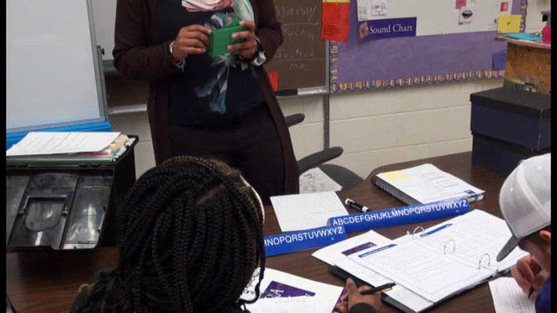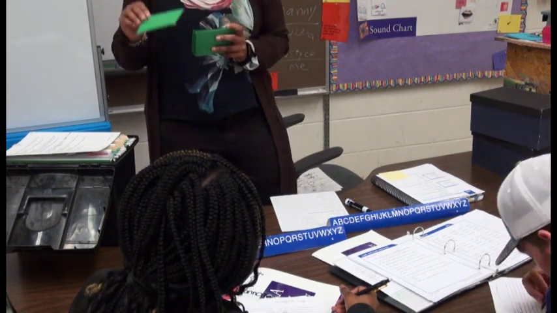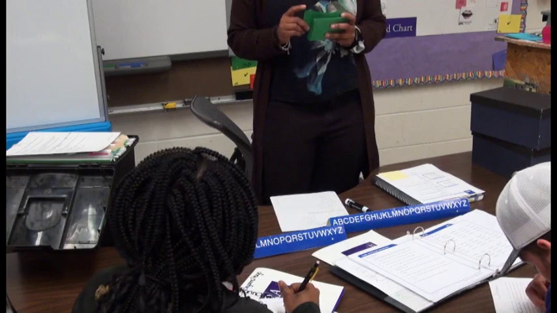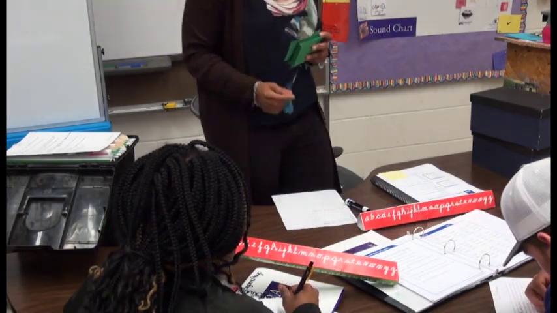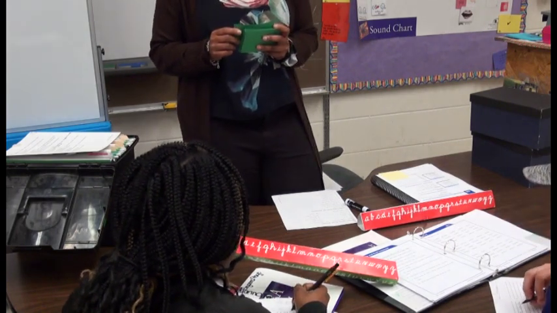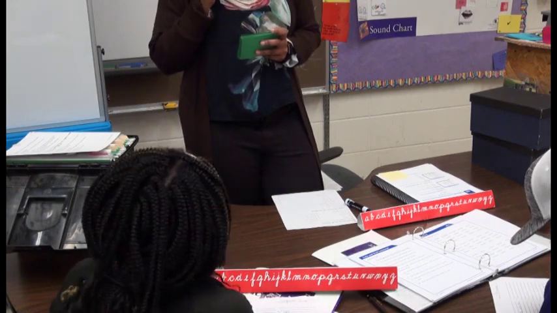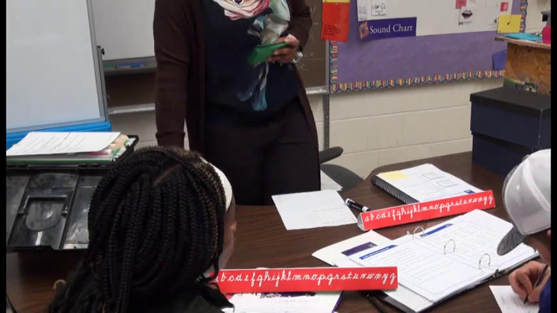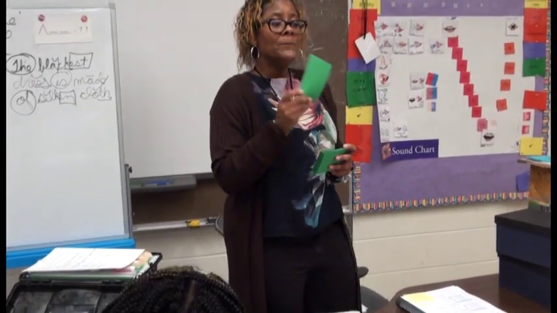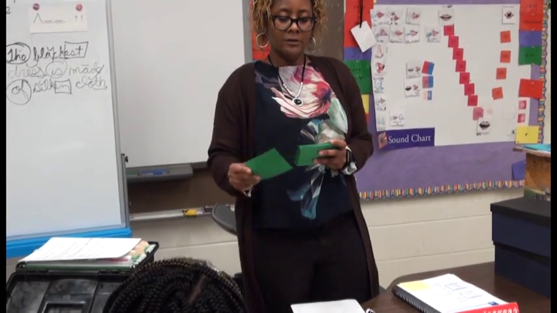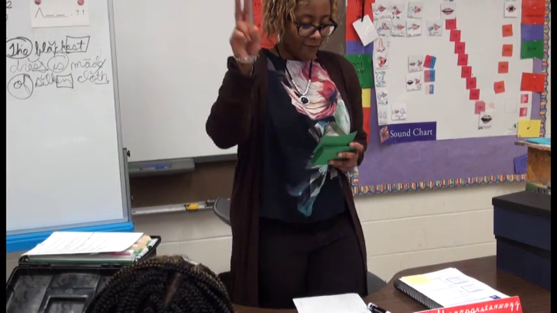Okay. Eyes on me. As in box. J. Good job. You stop writing. What did you say? Digraph C-K, final position.